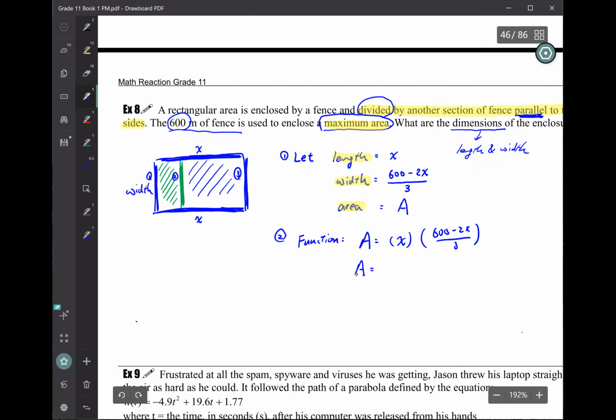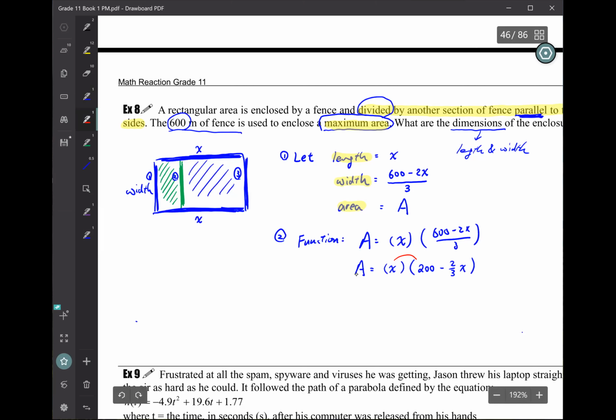Because this one has a fraction, let's make it look easier. We can divide each of them by 3, okay? The numerator, so 600 divided by 3 will be 200 minus 2 over 3 x. Okay, so once you get here, it should be easier.